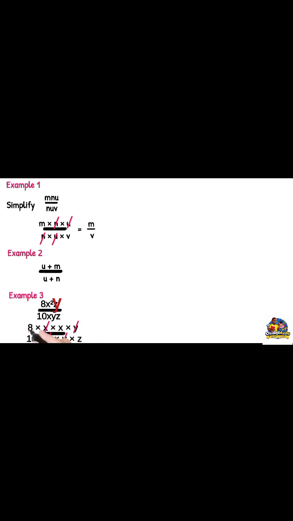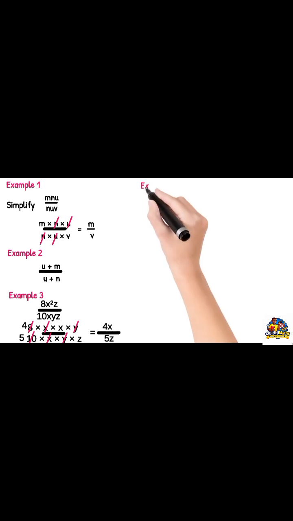Which means that we are left with, because 2 in 8 is 4, 2 in 10 is 5, 4 times x in the numerator over 5 times z in the denominator. That's 4x over 5z. Don't forget x times x is x squared, x raised to power 2.